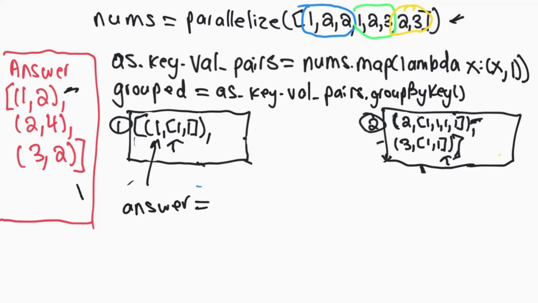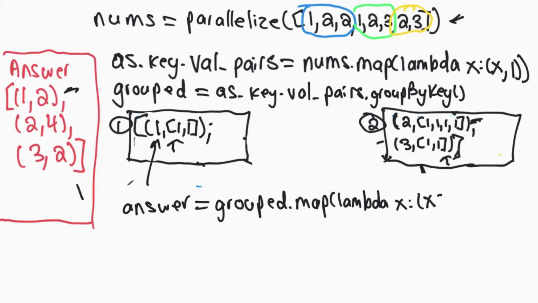So answer would then be equal to grouped.map(lambda x: ...), where x is a tuple right now, and so we want the tuple of x[0], the first thing, that's the key, and then we want the sum of the list, which is x[1]. Okay? This would absolutely produce this answer.